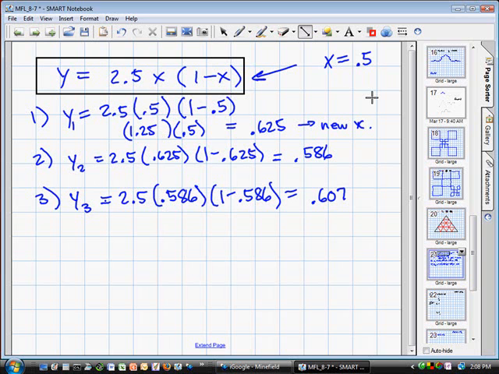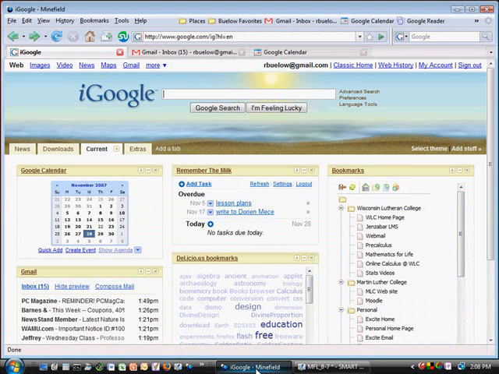Now, those answers sometimes have a pattern to them. And I've got to go to the website and show you this. I've got a tool here that will help you with this, so you don't have to sit there and crank calculations out.